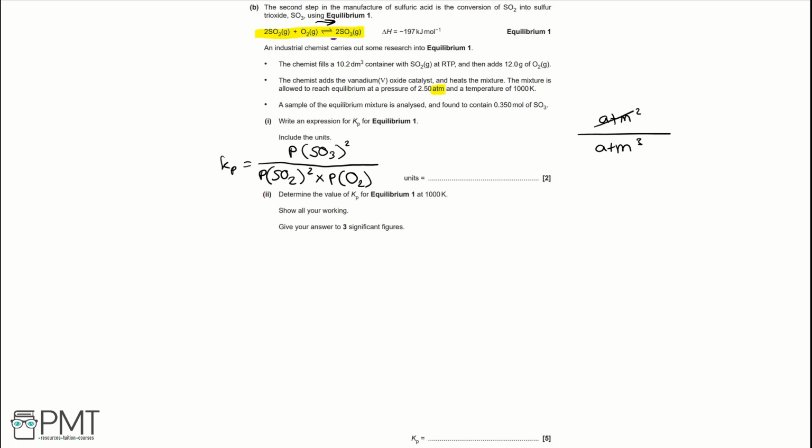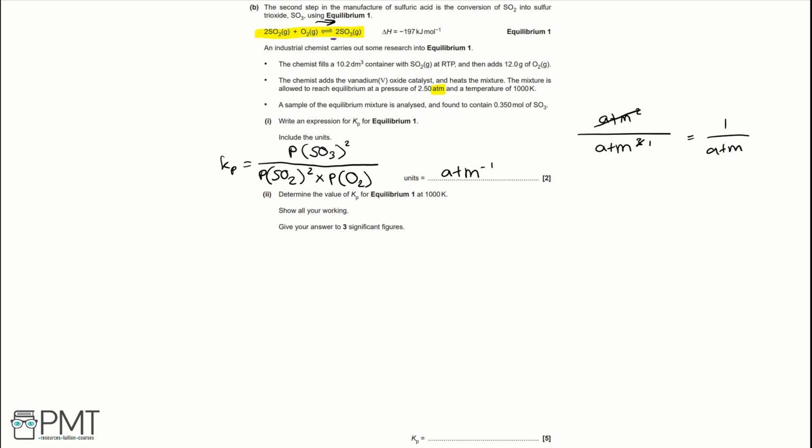Well, then we can eliminate the numerator and one of the denominators, so that we're left with 1 over atmospheres. So another way of writing this is atmospheres to the minus 1. To get the 2 marks for this question, you get a mark for your expression for Kp and a mark for having the correct units, or atmospheres to the minus 1.